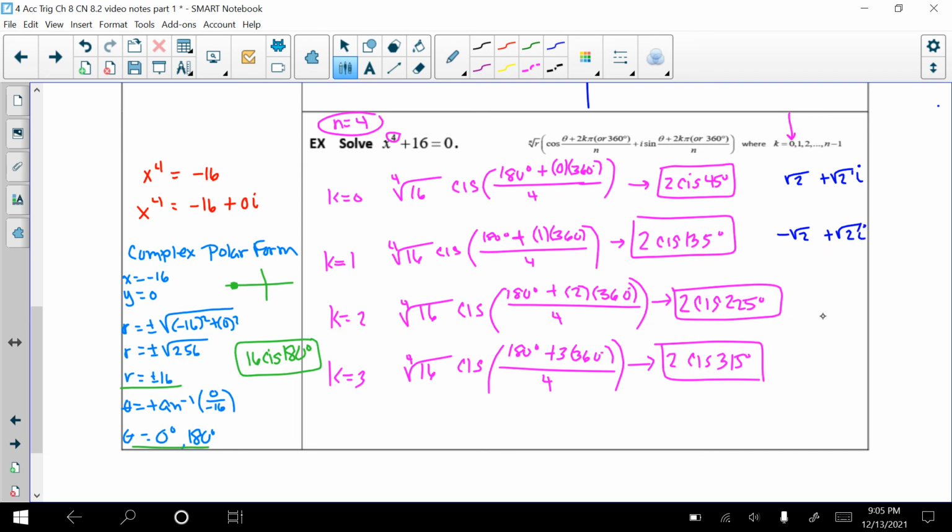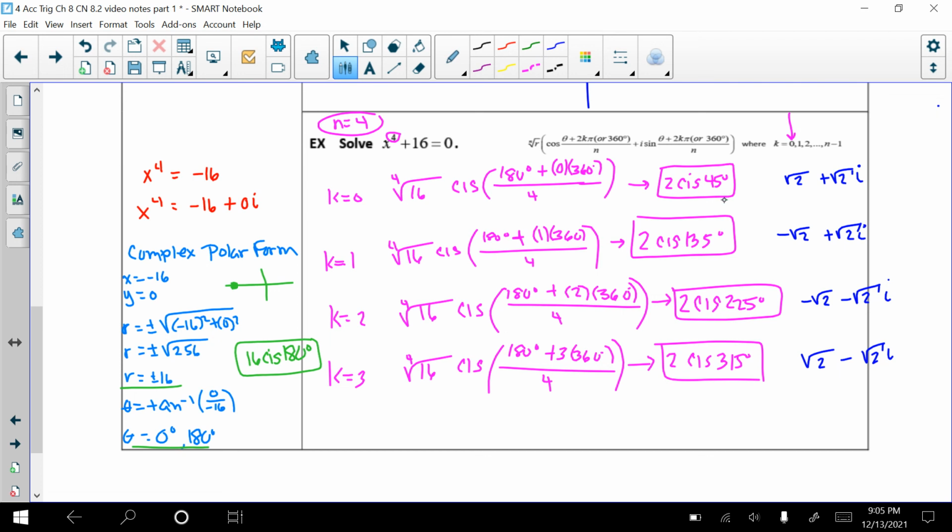For the third one, negative radical 2 minus radical 2i. And the last one, positive radical 2 minus radical 2i. And you might pause and think for a minute about how they should hopefully make sense. First off, in the complex polars, look at where my pen cursor is right now, in the hot pink boxes. Notice the pattern for the angles.